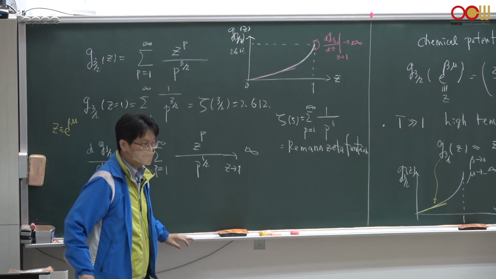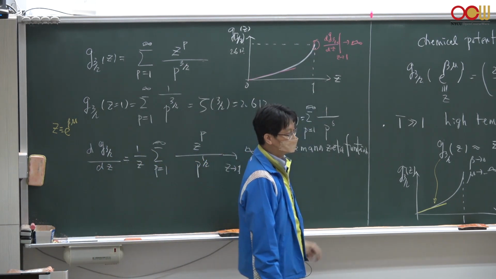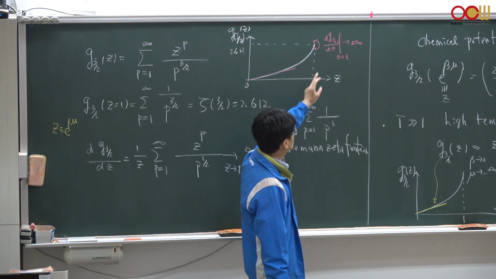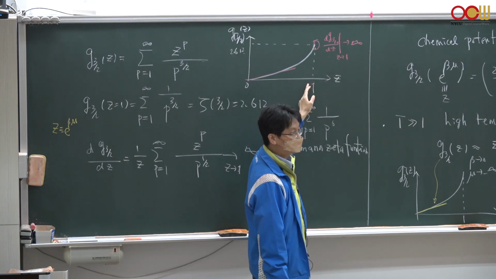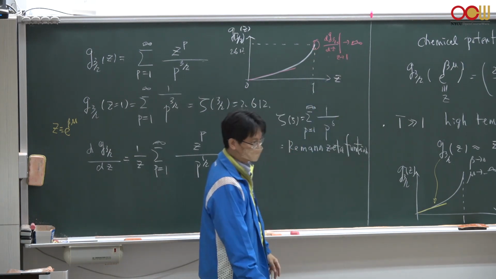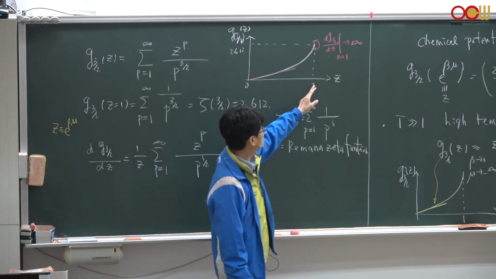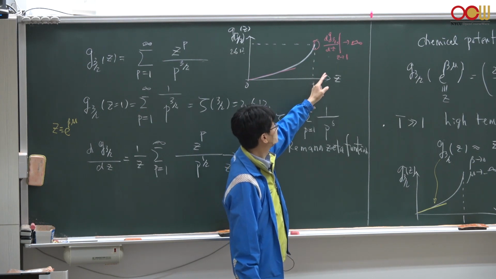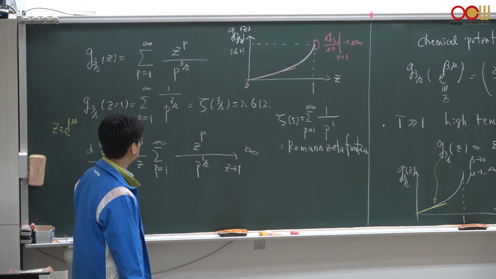But the special unique property of this boundary value is that the first derivative of the g function with respect to z near the boundary z being 1 is divergent. So the first derivative of this g function with respect to z at this boundary z being 1 is infinity. So we will come back to this later.